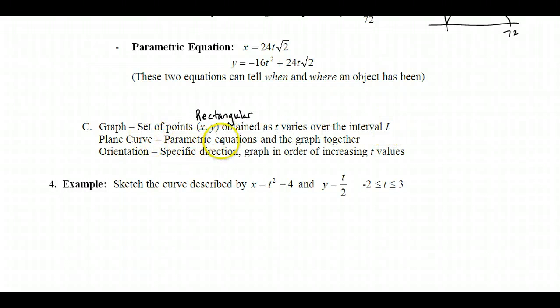That is specifically your parametric equations and the graph. And then orientation: we'll talk about orientation a lot in the next problems, but parametric equations tell us the specific direction. So on our graphs, we'll have to put in the direction, and we have to graph in order of increasing t-values. So we'll put orientation here in our first example.